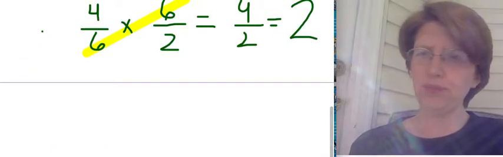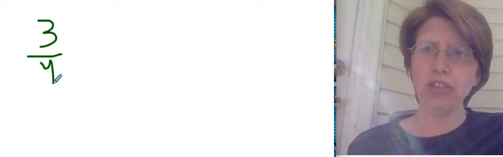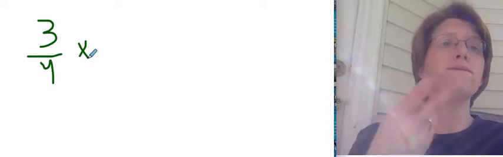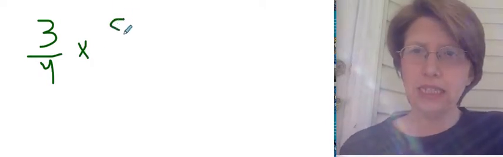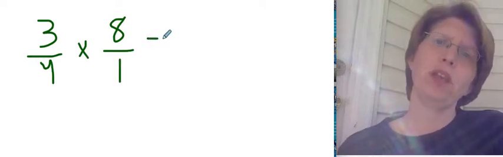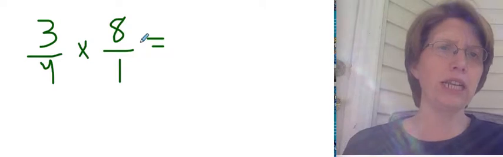Let's try another one. Okay, number 3. 3/4 divided by 1/8. So we're going to keep 3/4. I'm going to just change my division sign to a multiplication, and then I'm going to flip 8 over 1. So now I'm going to multiply straight across. These are not the same, so I'm not going to cancel out.